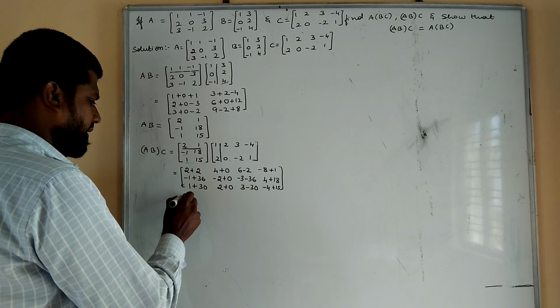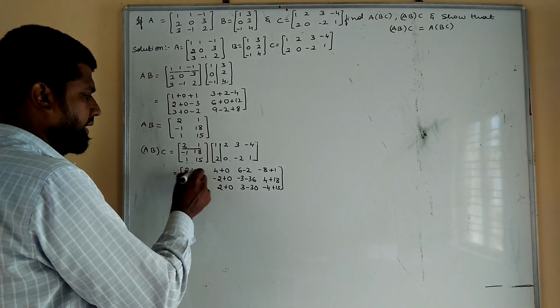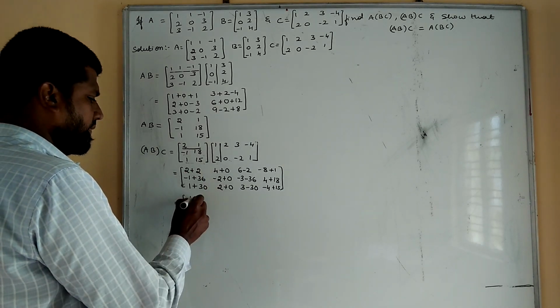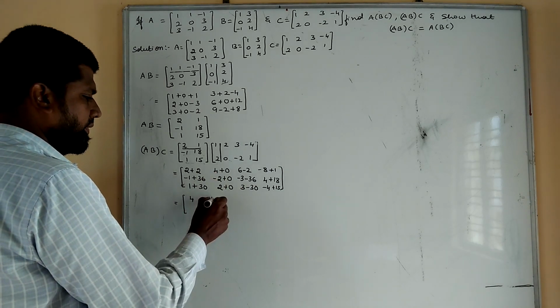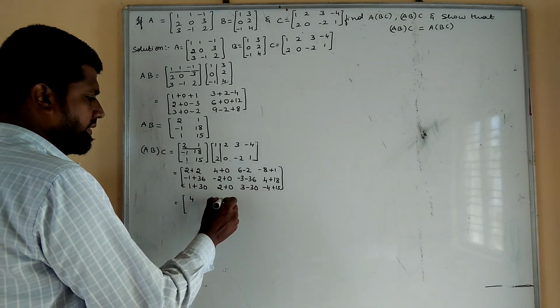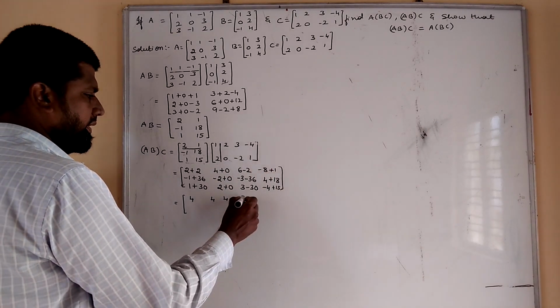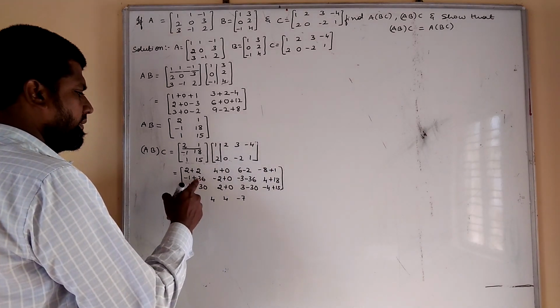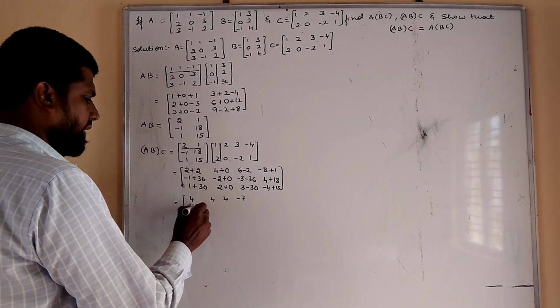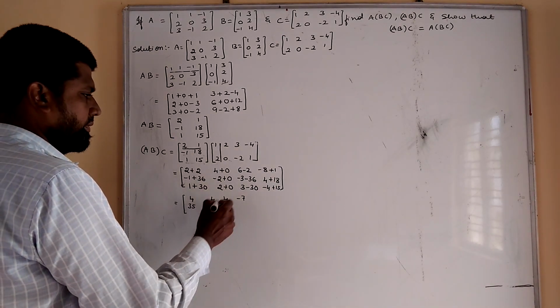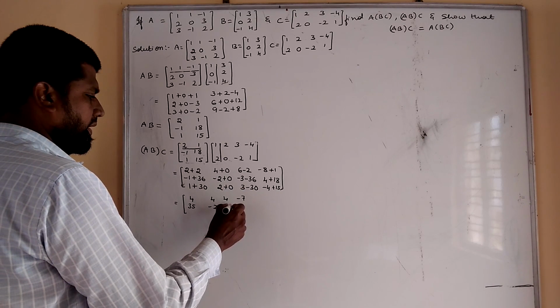So let us add and subtract here. 2 plus 2 is 4. 4 plus 0 is 4. 6 minus 2 is 4. Then minus 8 plus 1 is minus 7. Then minus 1 plus 36 means 35. Then minus 2, then minus 39.